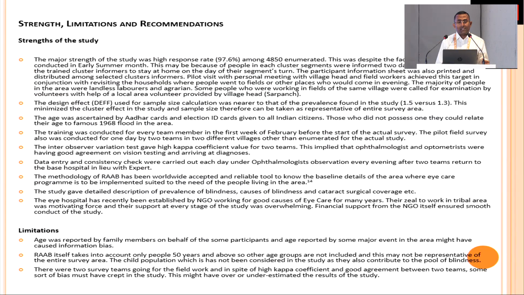As far as strengths and weaknesses of this RAAB survey are concerned, RAAB is done in the 50 plus population, so for less than 50 we don't have data, but extrapolation can help us very well. But the strength is that it is cheaper than other population based surveys and studies.